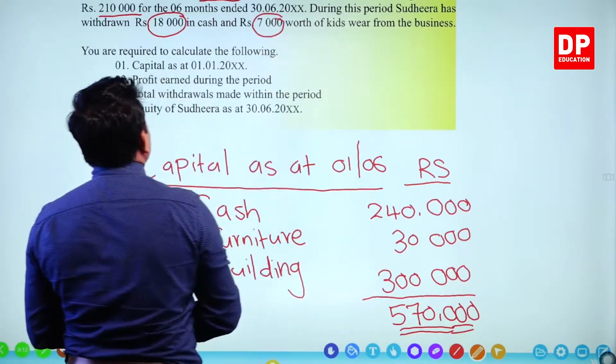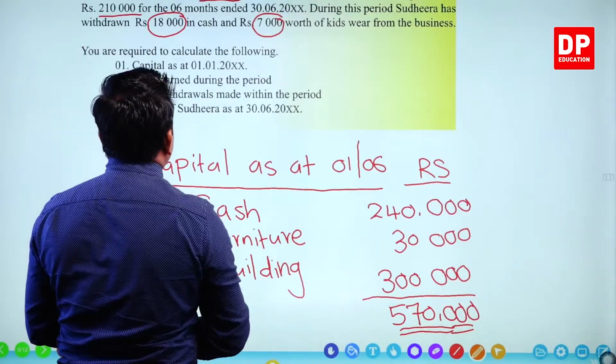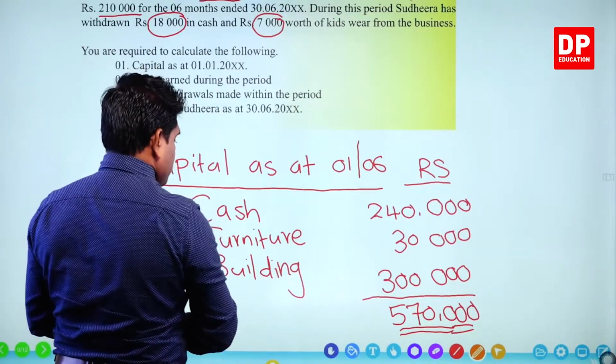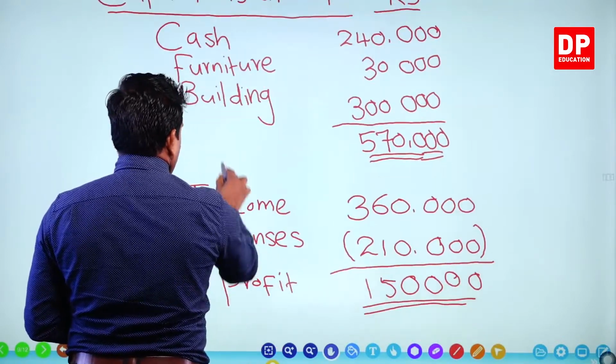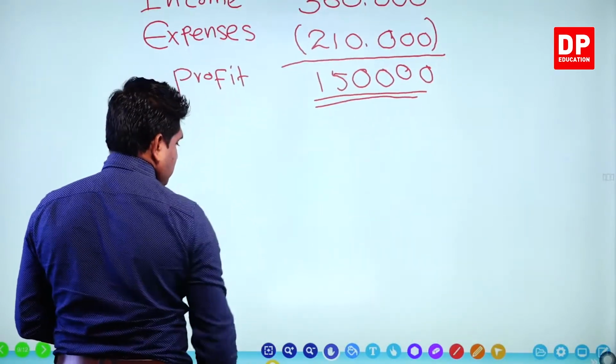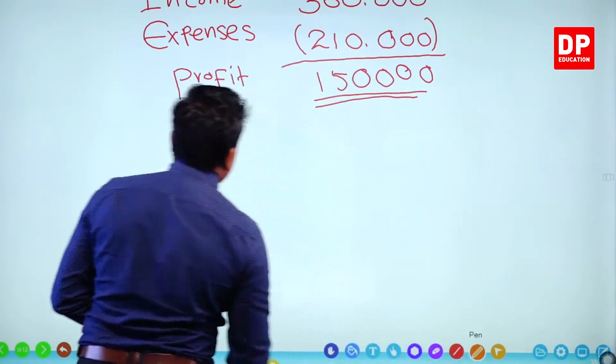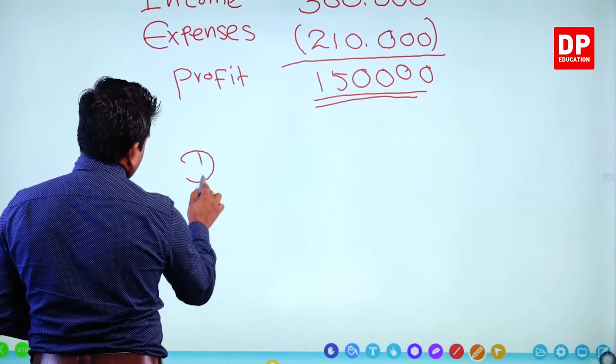The total is the drawings. Withdrawals means drawings. Now we can find the drawings here, right?